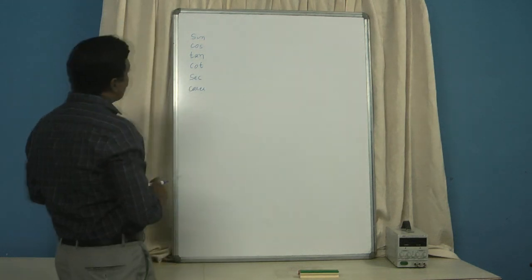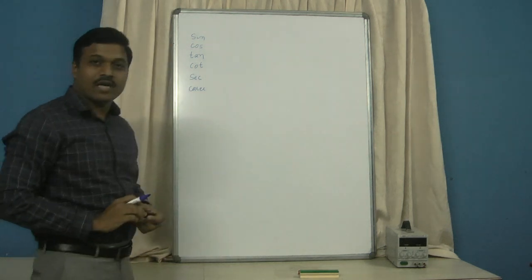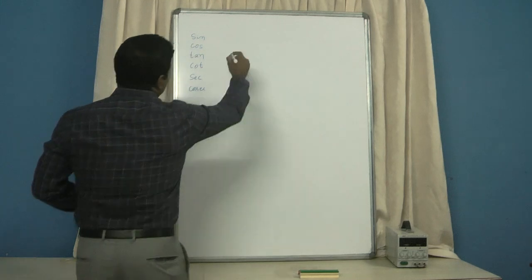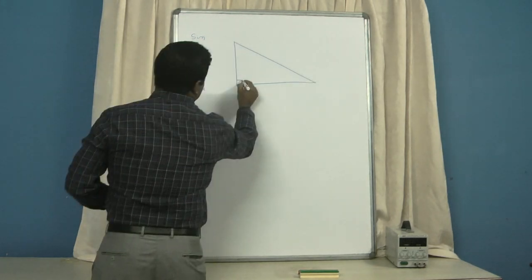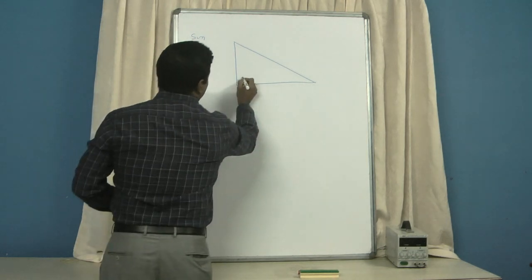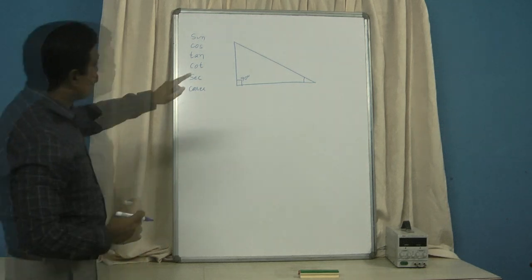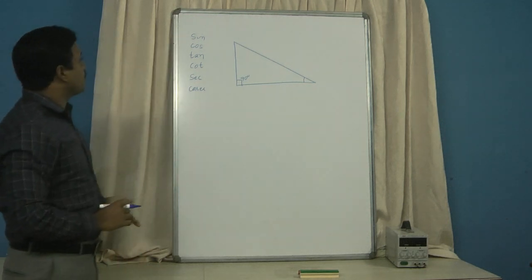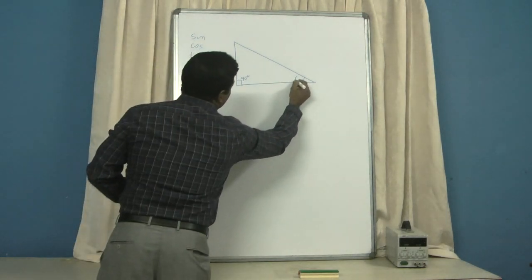Let's see what ratios are represented by these trigonometric functions. Let's consider a right angle triangle. This is the right angle, 90 degree, and this is the angle we'll consider for these trigonometric functions and the ratios. Let this angle be called theta.